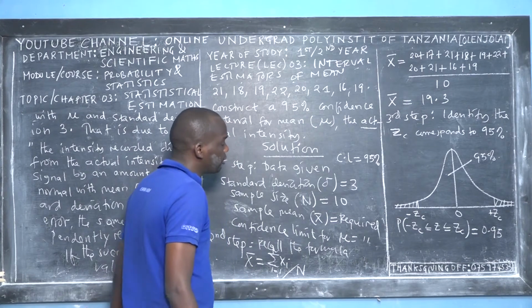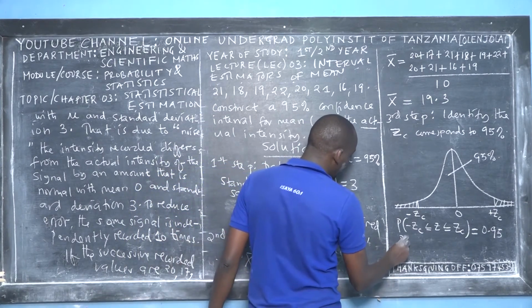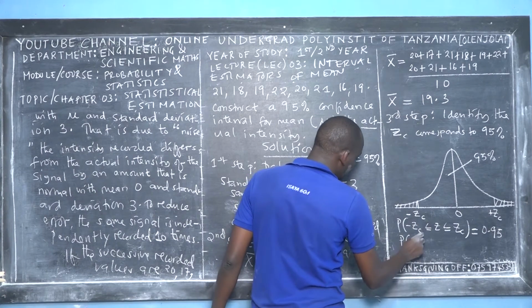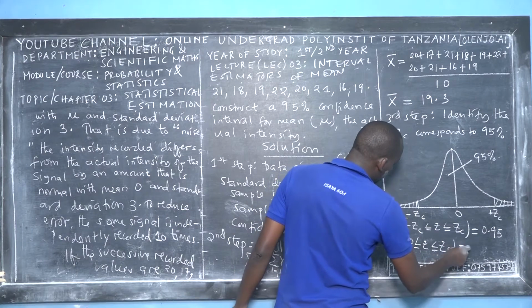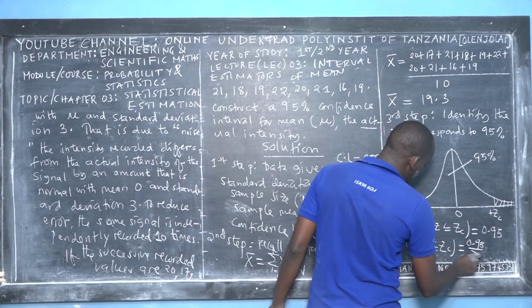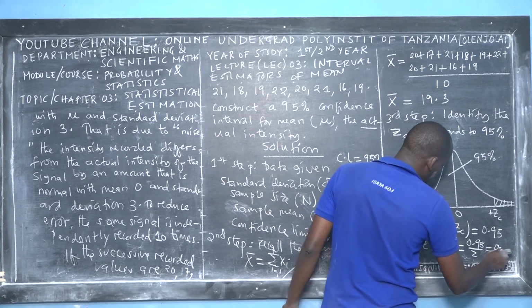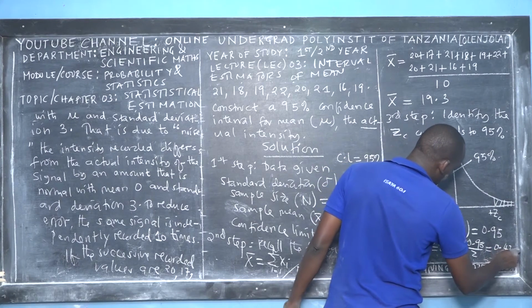So to identify the corresponding Z, we have to find the probability of 0 less than or equal to Z less than or equal to Zc. This will be equal to 0.95 over 2. So the answer is 0.4750.